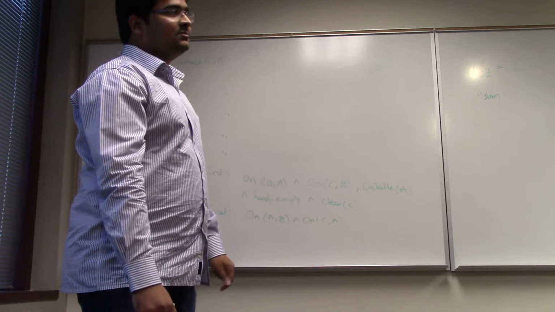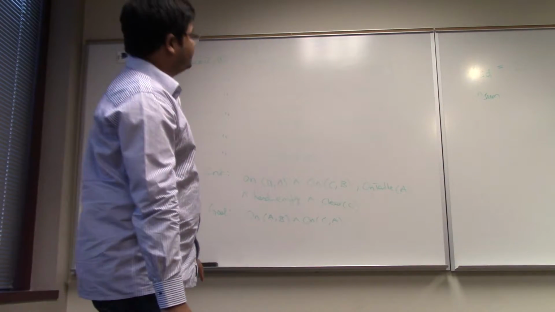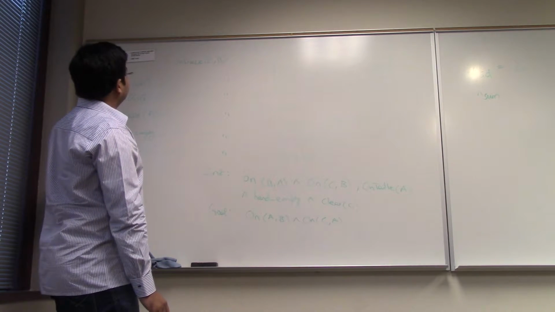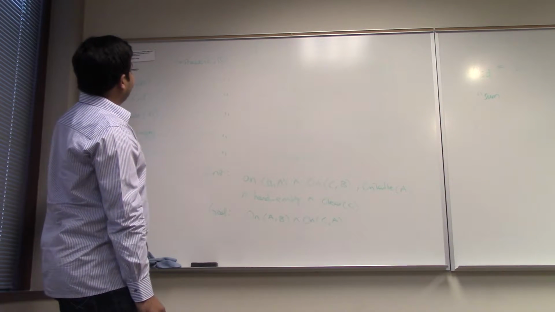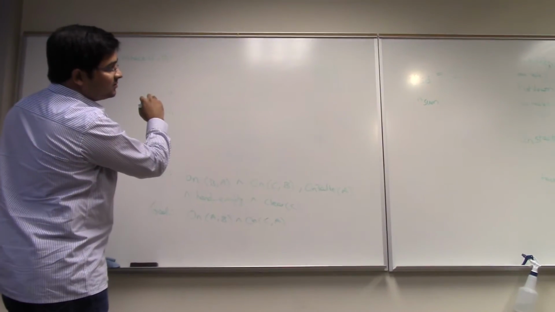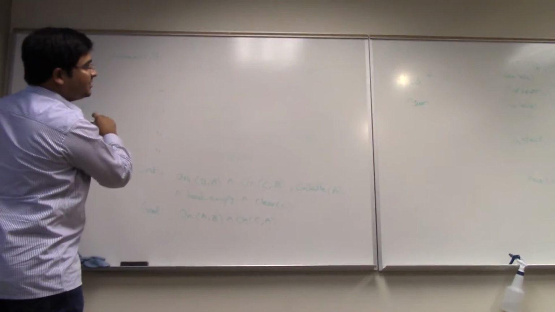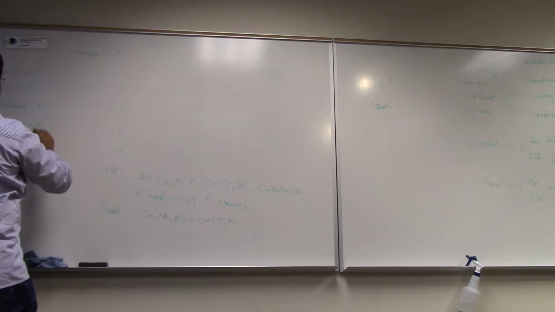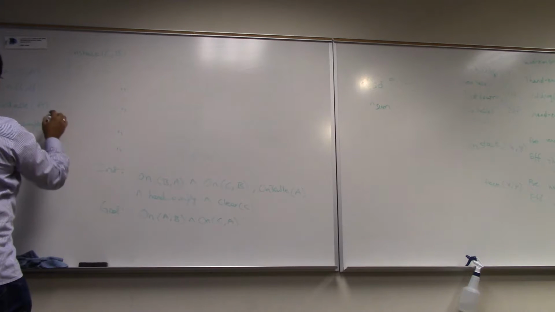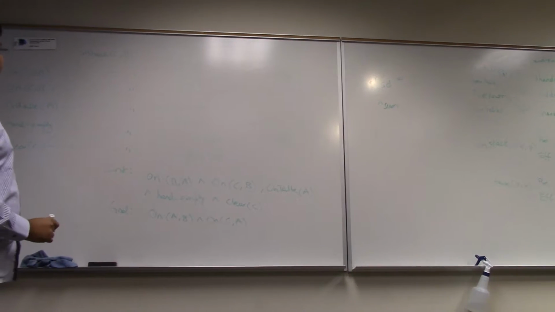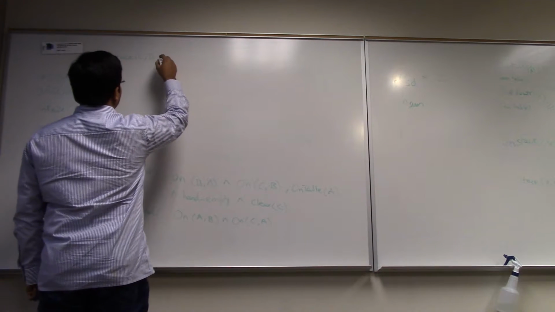So we have unstack C B, which is dependent on hand empty, clear C, and on C B. And it will give what else?